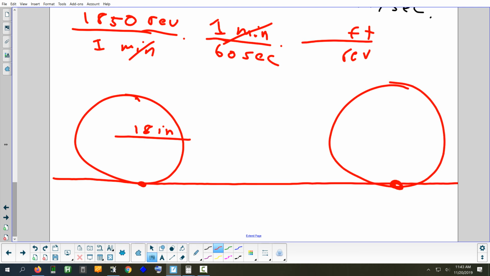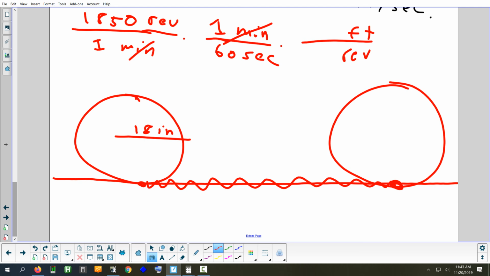What we have to figure out is that part I just put the wavy line on. That's the circumference. If we can figure out the circumference, that will tell us how many feet are in one revolution. Another way to imagine it is a piece of wire that you cut and laid out flat. That's how long one revolution is.